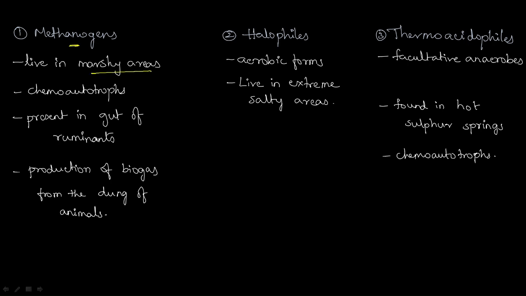Generally, methanogens live in marshy areas. The mode of nutrition in methanogens is chemoautotrophic. It means that they make their own food with chemicals.